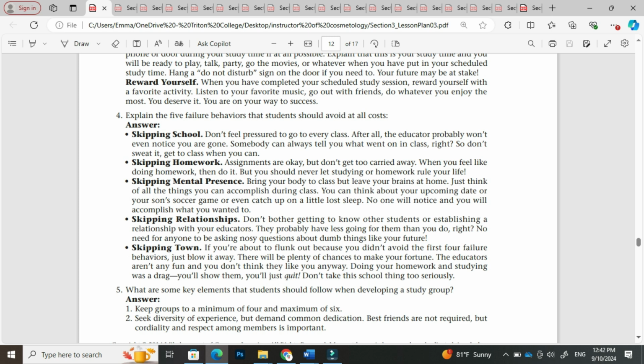Skipping homework. Assignments are okay, but don't get too carried away. When you feel like doing homework, then do it. But you should never let study or homework rule your life. Skipping mental presence. Bring your body to class, but leave your brains at home.